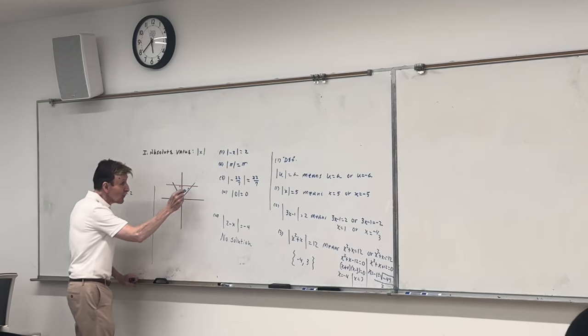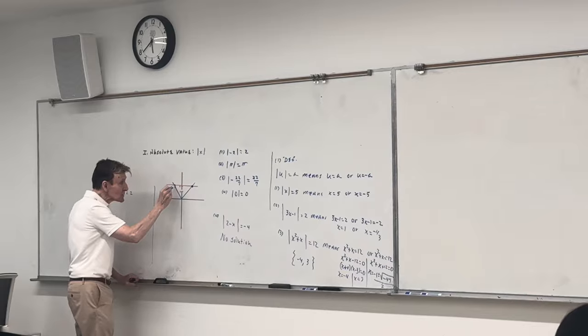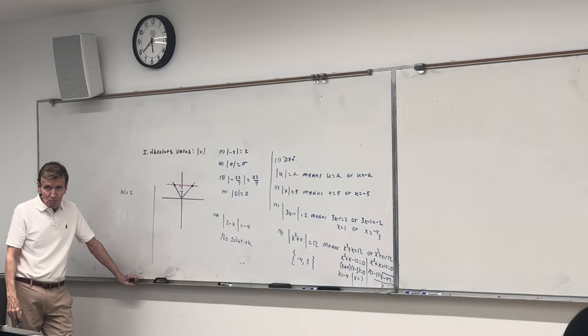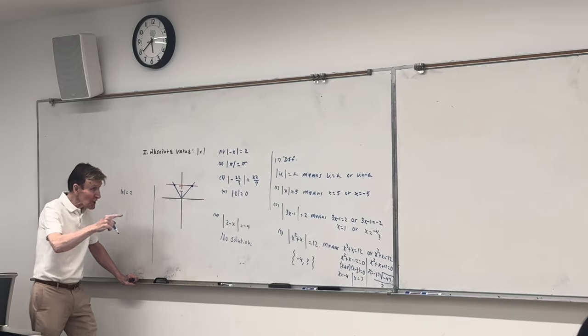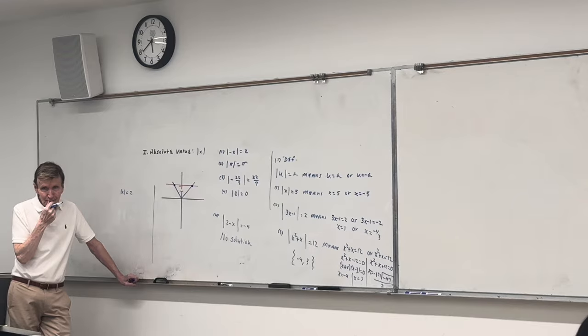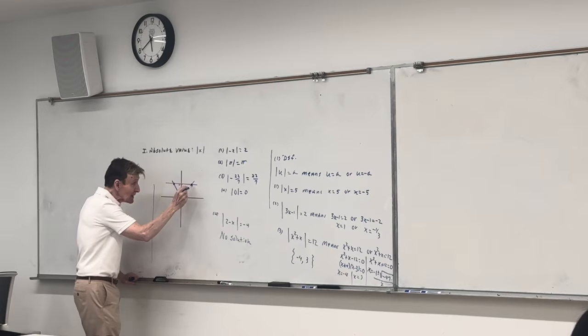Anyone tell me what might be the coordinates of these two intersection points on my illustration? I'm up at 2, and I got the V-shaped graph. So what might be the X and Y coordinates of the intersection points of the red with the blue? Does anyone have them?